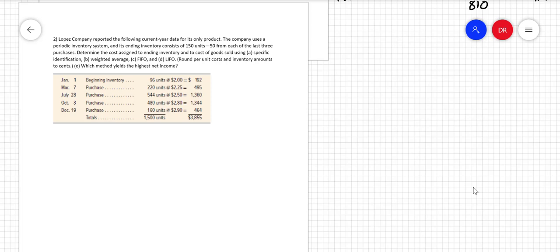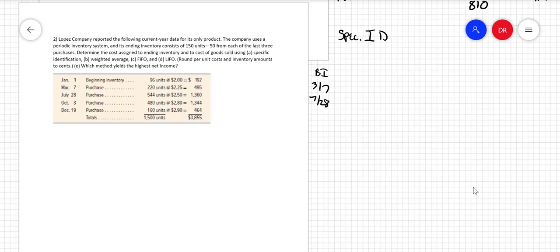And with a specific ID, we're going to start by identifying which layers of inventory items were purchased out of or sold out of. So we're going to have the dates of the purchase. We'll have beginning inventory. We'll have March 7th. We'll have July 28th.